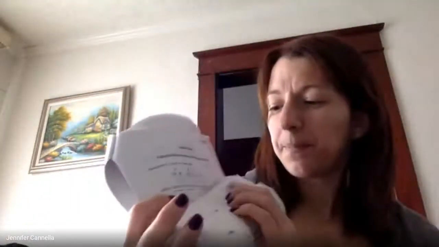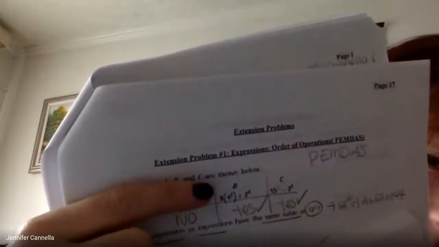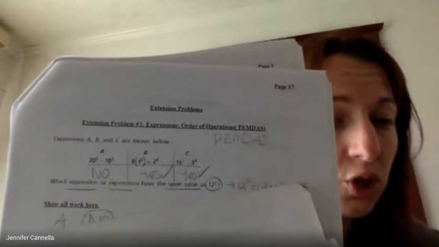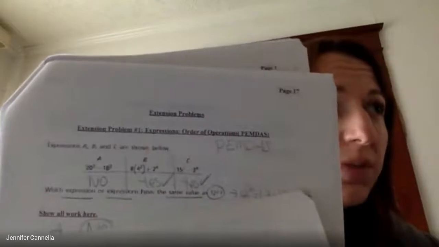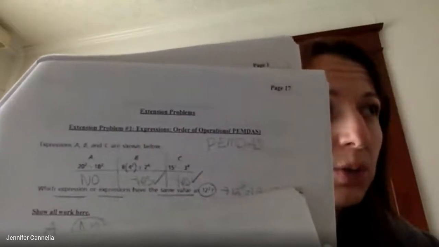The expression for B says 8 parentheses 4 squared parentheses plus 2 to the 4th. So according to PEMDAS, I have to do what's in the parentheses first, because P, parentheses, comes first. So 4 squared is 4 times 4, which is 16. So 8 times 16 is 128. Then I'm going to do 2 to the 4th, which is 2 times 2 times 2 times 2. 2 times 2 is 4, and another 2 times 2 is 4.